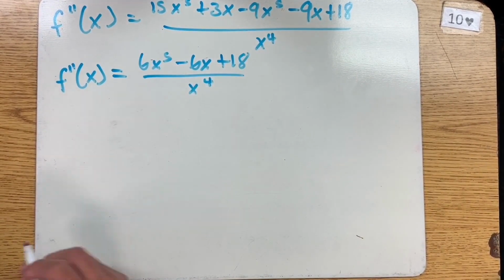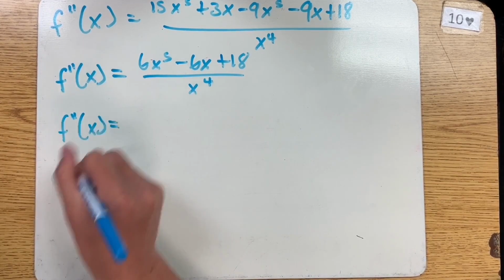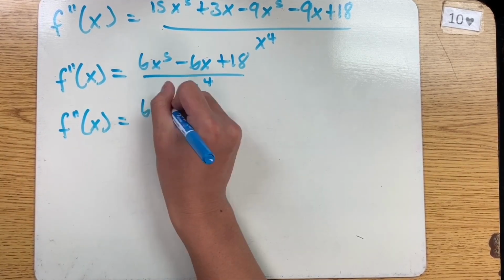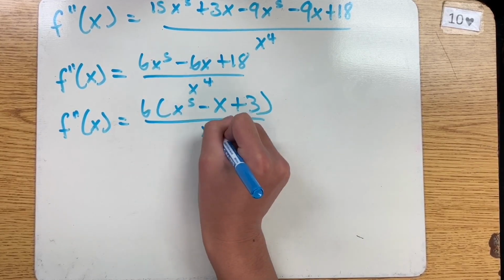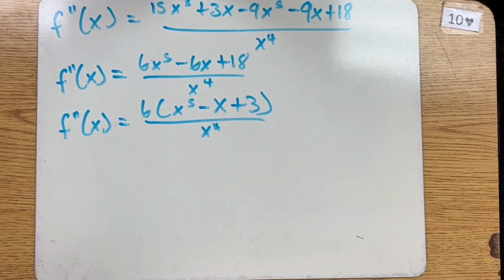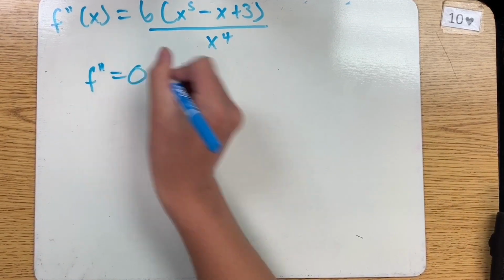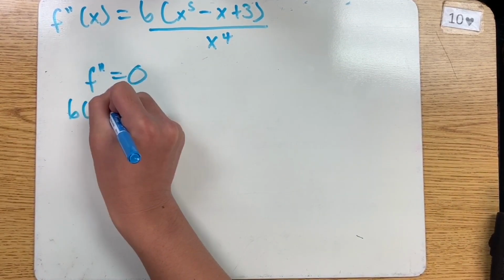This gives us f double prime of x equals 6x to the fifth minus 6x plus 18 all over x to the fourth, which we can simplify to 6 times the quantity of x to the fifth minus x plus 3 all over x to the fourth.